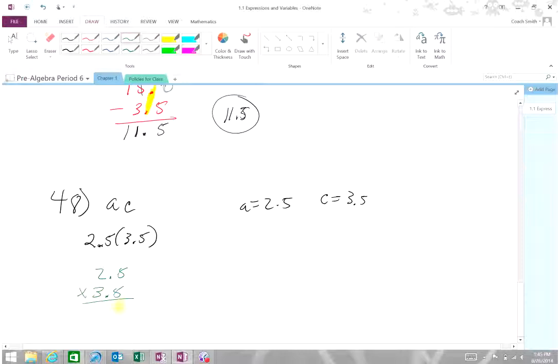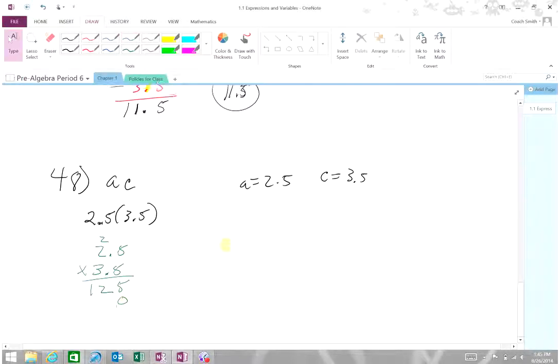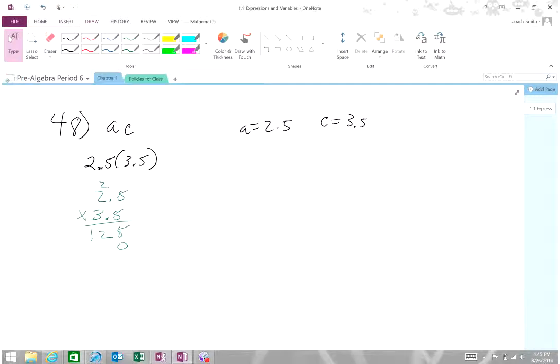So now I just take 5 times 5, which is 25, carry my 2. 5 times 2 is 10, plus 2 would be 12. Bring down a 0. Then I have 3 times 5, which is 15, carry my 1. 3 times 2, which is 6, plus 1 be 7. That would be 8, 7, 5.